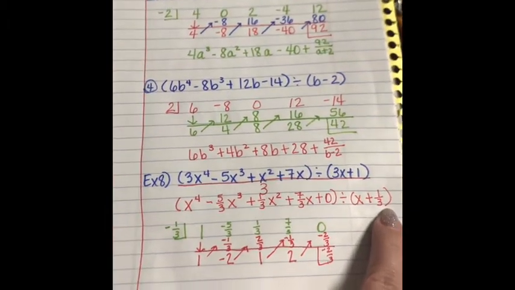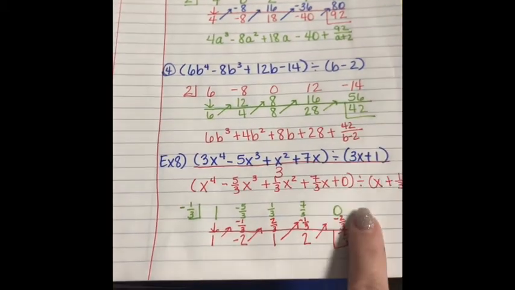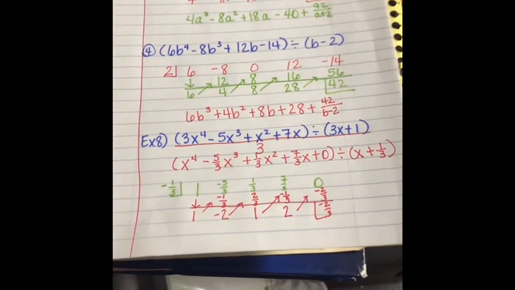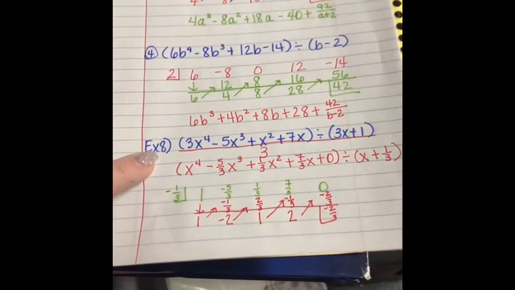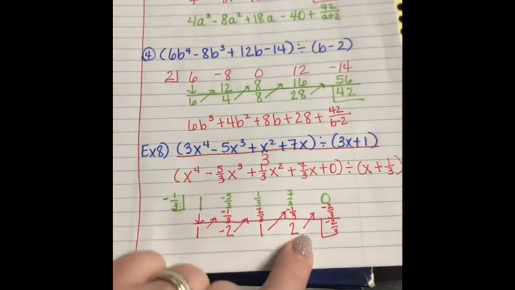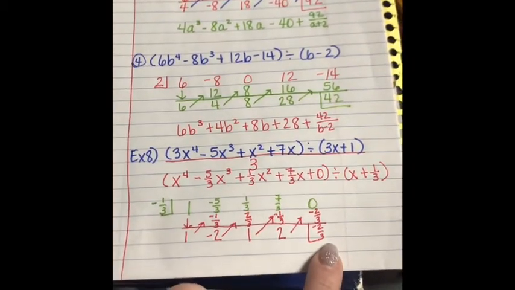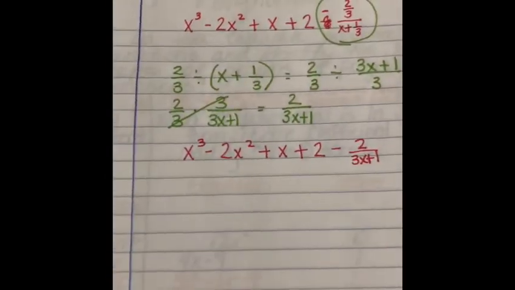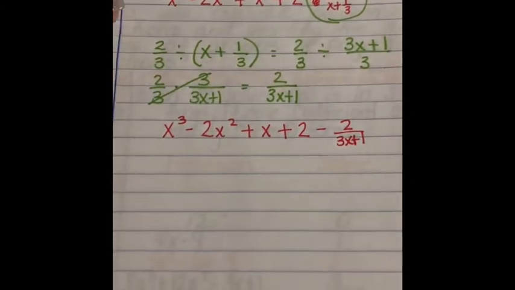So if you don't like fractions, I recommend doing long division for these. If you don't mind fractions, then please try this. So you end up with the fractions, you follow the exact same steps, but if you end up with a fraction as your remainder, there is one last thing you have to do, and that's simplify the fraction.